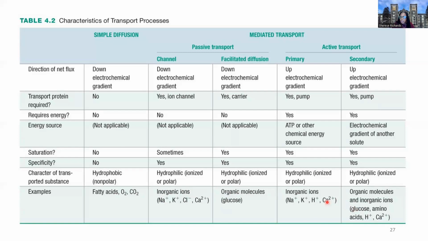Our sodium glucose linked transporter and our proton linked transporter as well, which would be examples of active transport. So definitely use this table as a way to summarize all the general types of transport under passive and active that we've talked about, and also know the different features. Again, you're going to see questions that come up on this and ask you to differentiate the different types as well as examples.